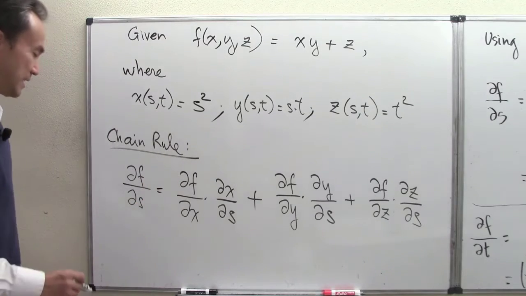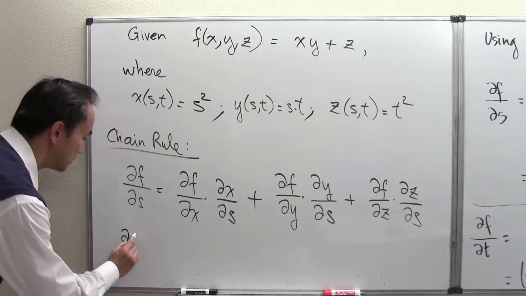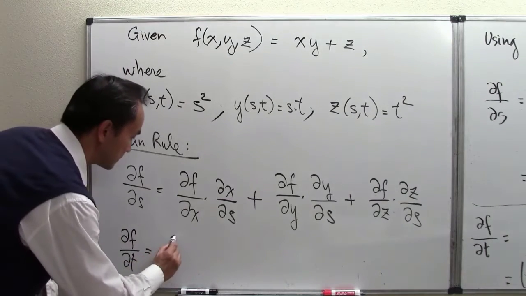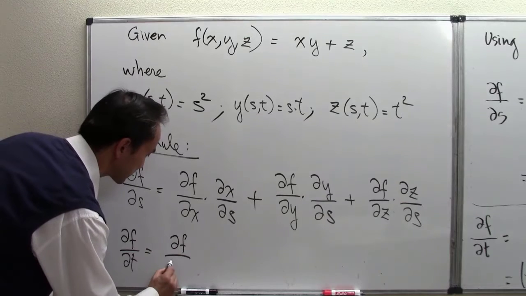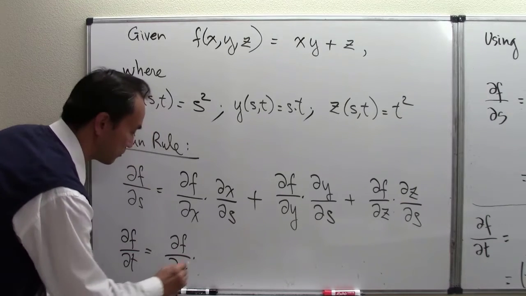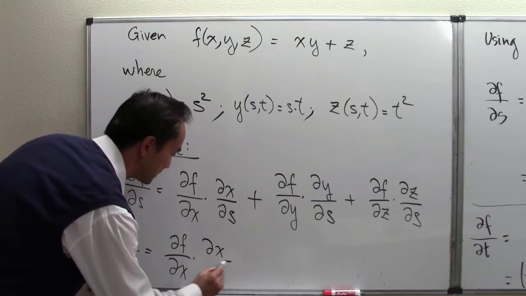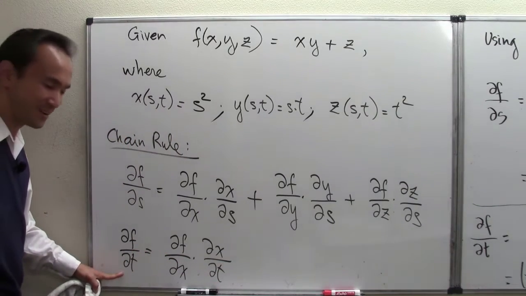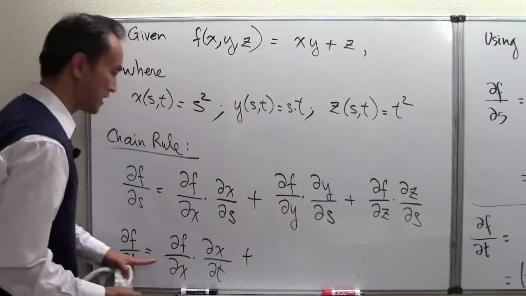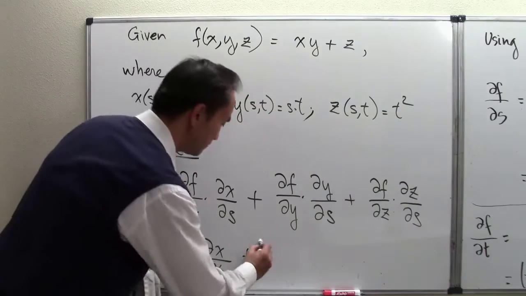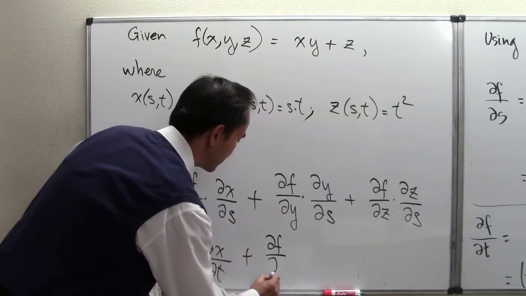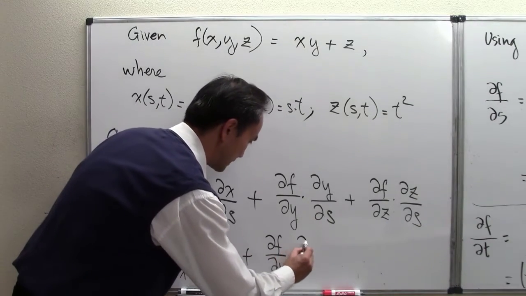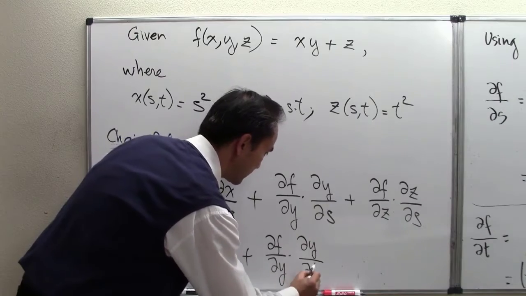And then we came over to df/dt. So we did the same thing. Okay, df/dx, but multiply with the inside derivative dx/dt. So the dt here matching with that. All right, and then move on to the next variable, df/dy. But df/dy needs to be multiplied with dy/dt.